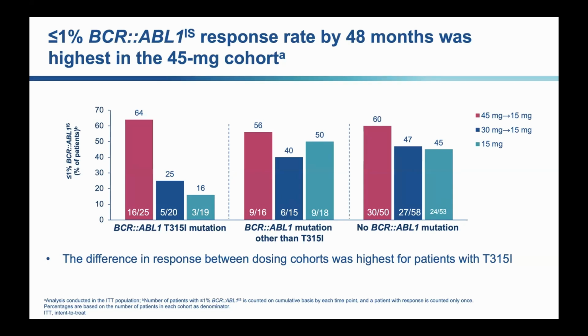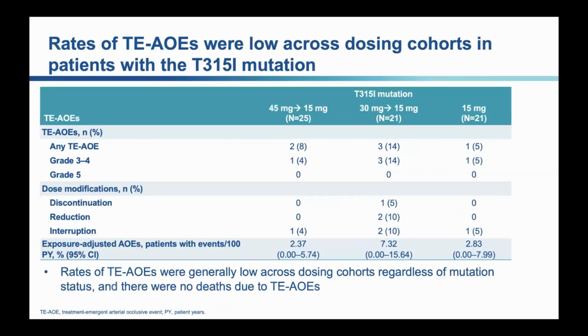The colleagues were asked to reduce the dose after the achievement of the 1% BCR-ABL level. This was done in this study, but even with this dose reduction, the starting dose of 45 had a major advantage. This is not very different with mutations outside of 315, but also in patients without BCR-ABL mutations.